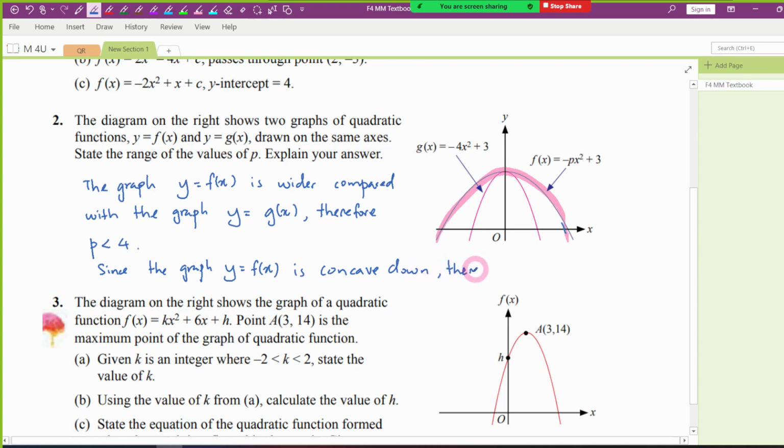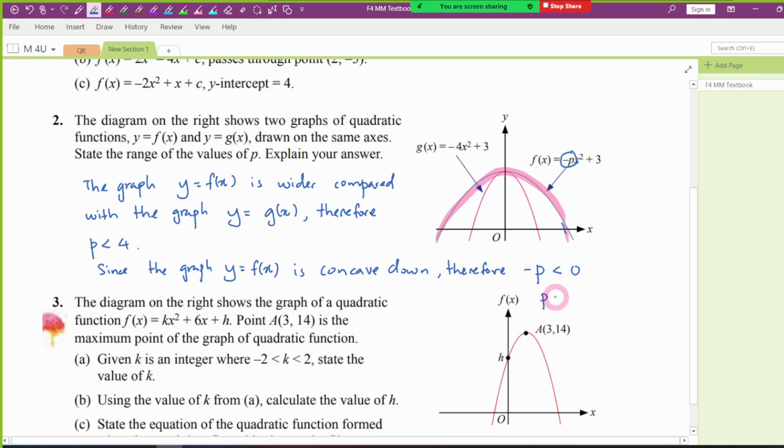Therefore, the p or negative p must be less than 0, right? We know here must be equal to negative. If this is positive, the graph will be a smiling face, which is concave up. So this is concave down, so negative p must be less than 0.